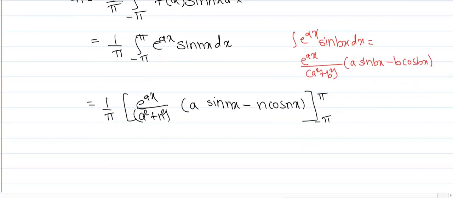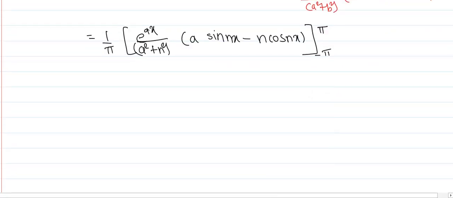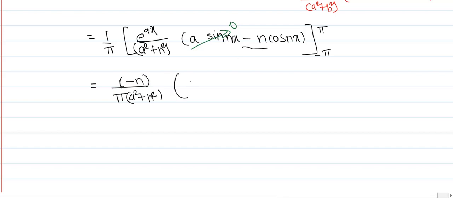Now for upper limit and lower limit, the sine term becomes 0. So we write the remaining terms: 1 by pi of a square plus n square is a constant term. In numerator this minus n is common, remaining e raised to ax cos nx from minus pi to pi.